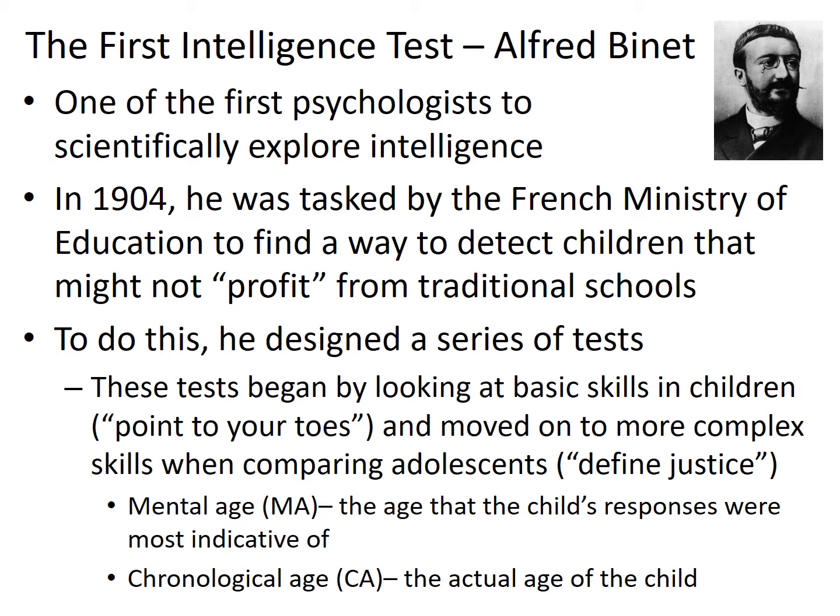They said that some of these kids were not necessarily profiting from the traditional education system because their minds just weren't capable of grasping the basic material, and because the teachers had to spend so much time and so many resources on these kids, it detracted from the other children that could potentially move up faster and understand things at a faster pace.